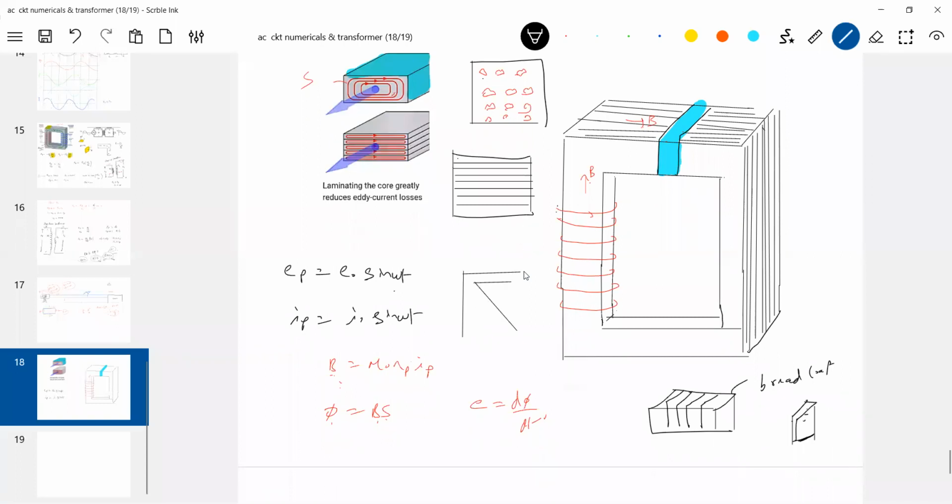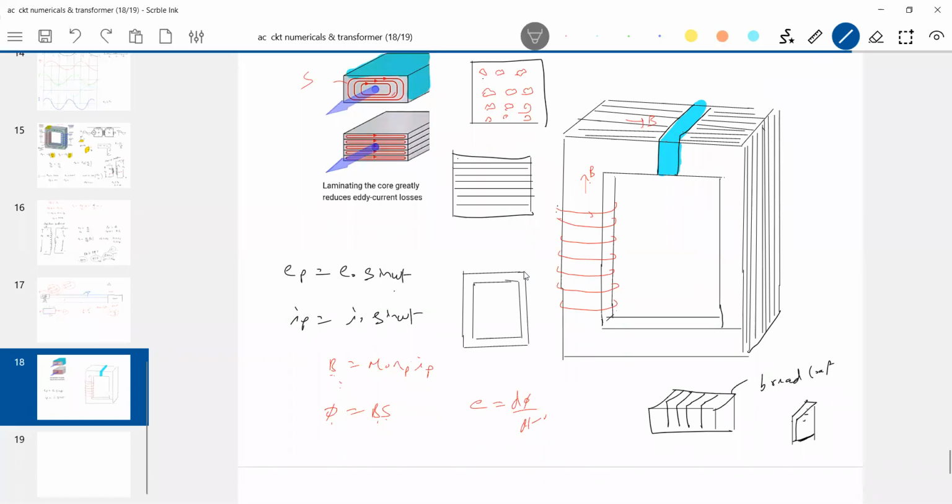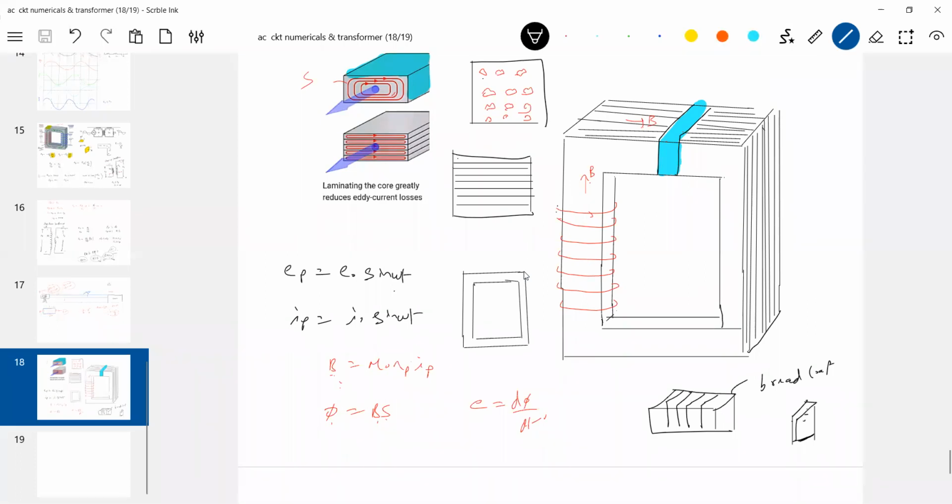The thickness of this will be very small. Then some 100 or 200 thin frames, I'll join them. Then I'll get a thick core.